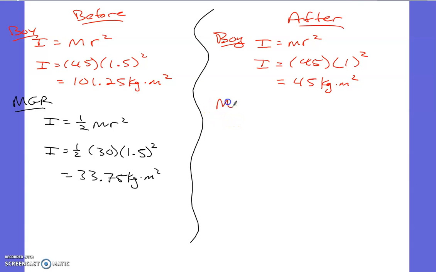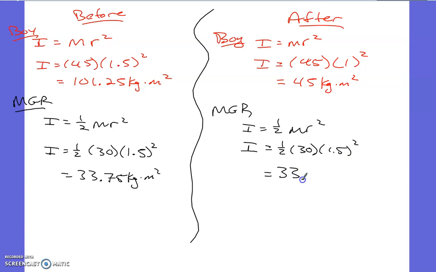We notice that the merry-go-round doesn't change at all. It has the same shape, same mass, same radius, and therefore the same moment of inertia of 33.75 kilograms times meters squared.